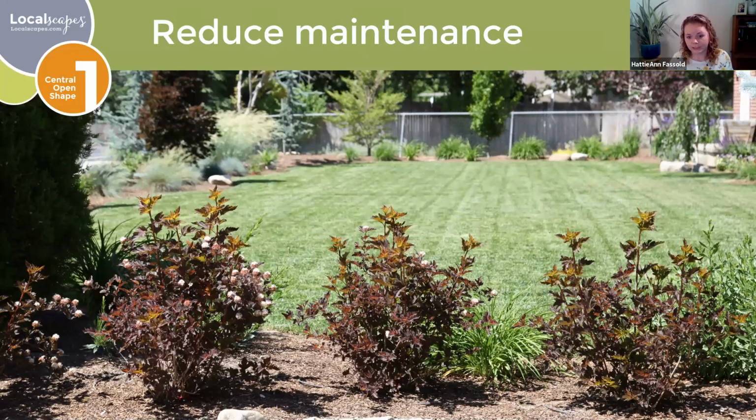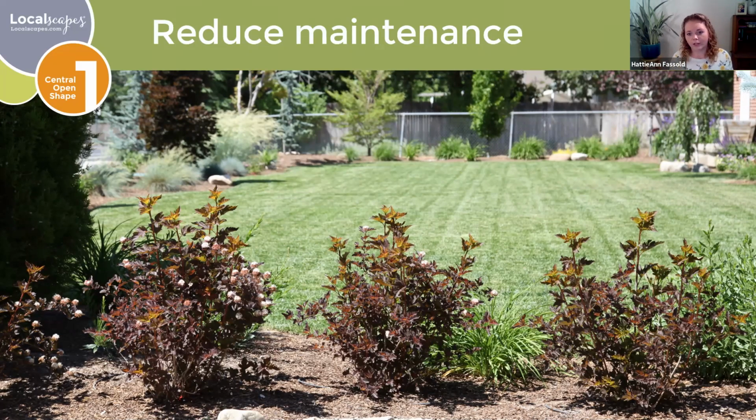And then reducing maintenance: you're putting that central open shape in an area instead of having it around the entire yard. You now have just this little area that you're going to be maintaining more frequently. The other areas you're maybe going to be weeding once a week or just a little bit at a time, right?